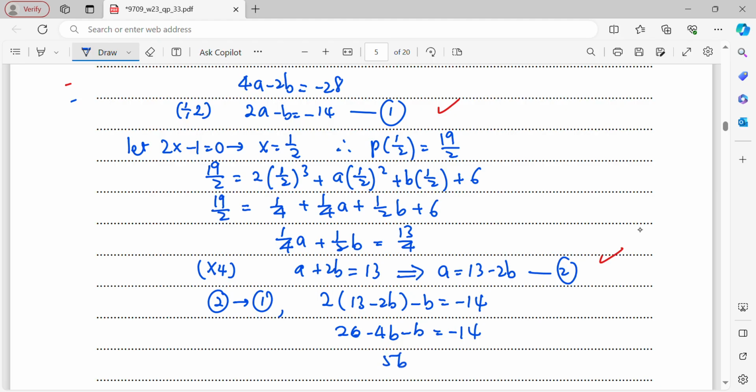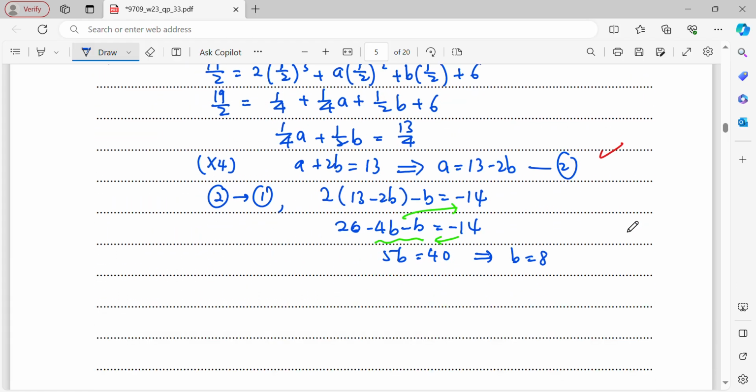Hence, 5b equals 40. When I move this b to the right side and the negative 14 to the left side, then from here, I will be getting my b as 8.